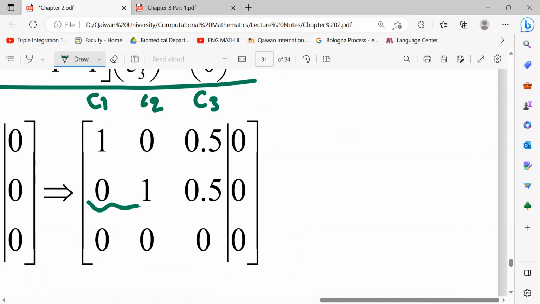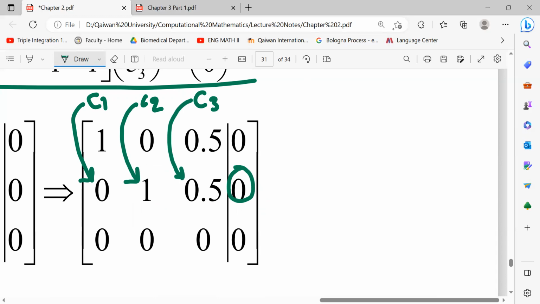In the second row, what do we get? C1 times 0 plus C2 times 1 plus C3 times 0.5 equals 0. C1 times 0 is 0. C2 times 1 is C2, plus C3 times 0.5 is 0.